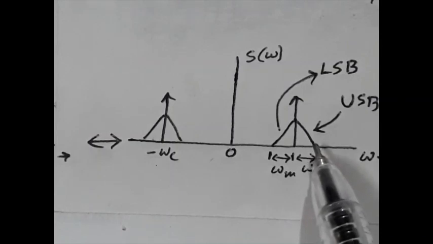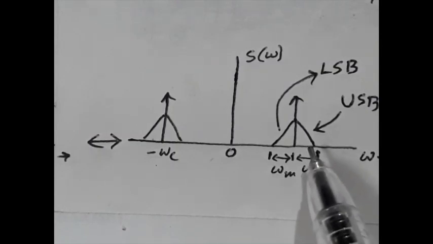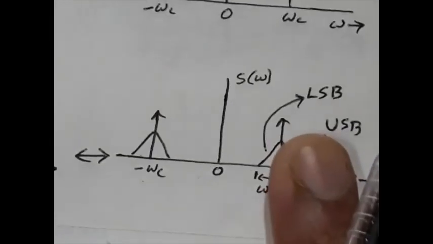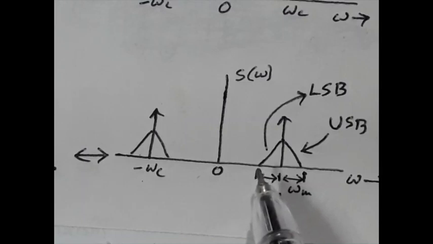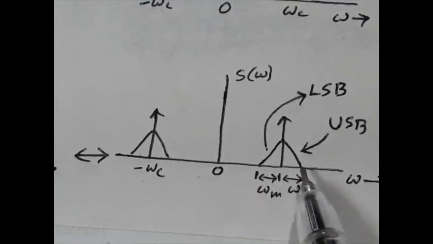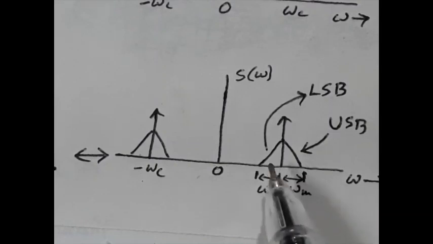So if ωm is the maximum cyclic frequency, then the corresponding linear frequency will be fm hertz, with ωm equal to 2π fm. So the bandwidth of this AM signal will be twice fm hertz.